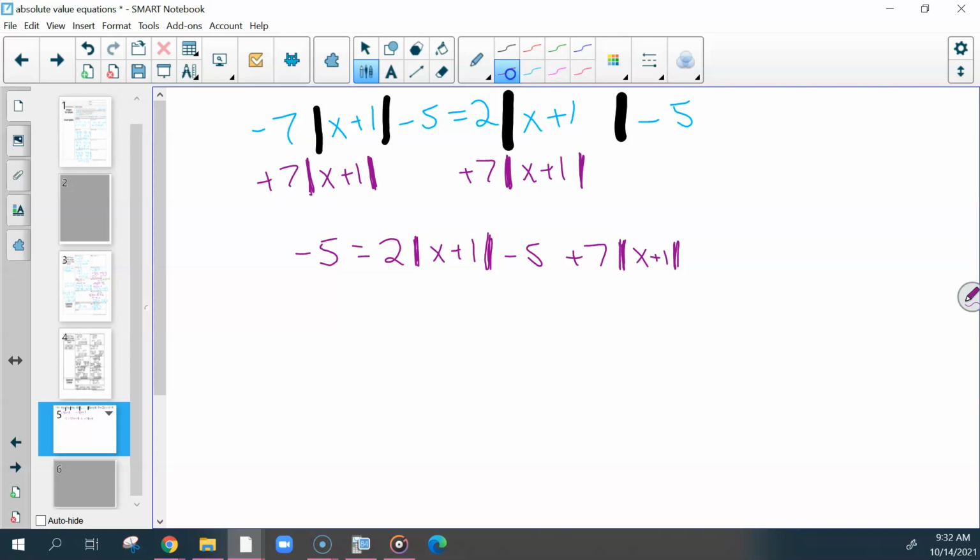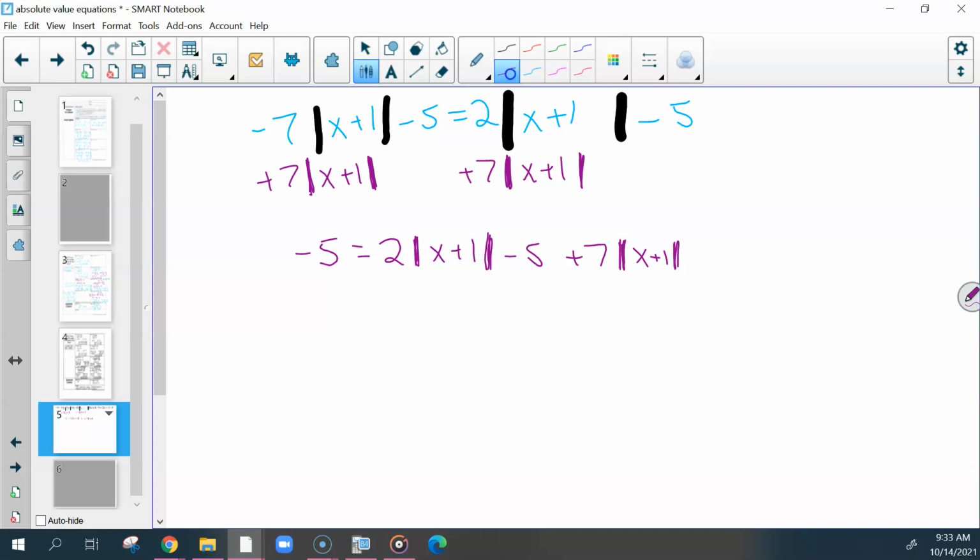You're basically canceling out. Once they're on the same side, you can combine like terms. Since this inside and this inside are the same, I can think of this as one variable and this as one variable.